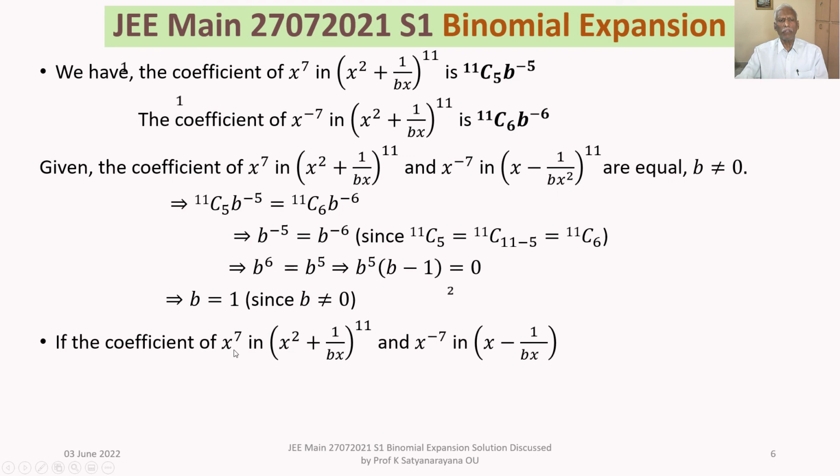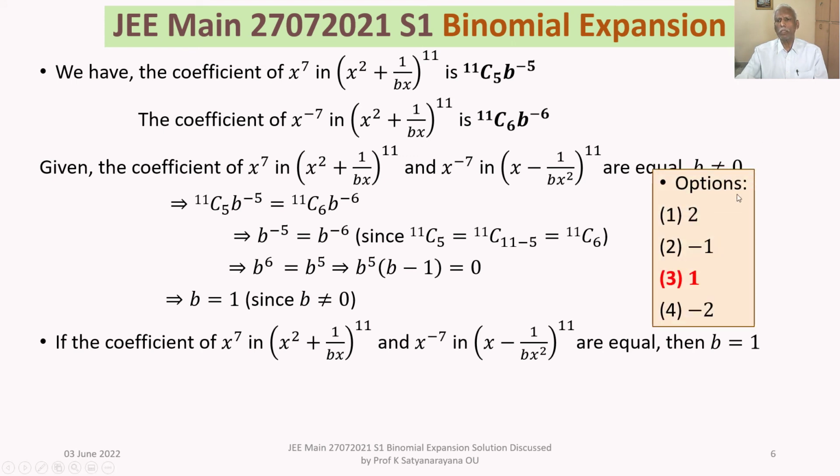If the coefficient of x to the power of 7 in the first expansion and the coefficient of x to the power of minus 7 in the second expansion are equal, then b is equal to 1. That's our answer. And let's look at the options. Our answer b is equal to 1 appears against option 3. Therefore, our answer is option 3.